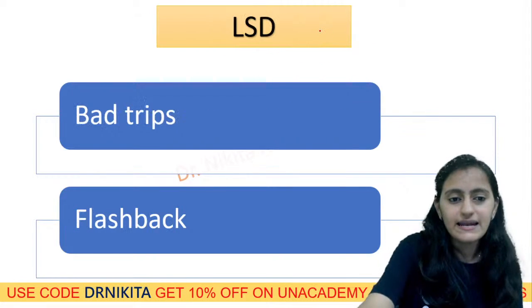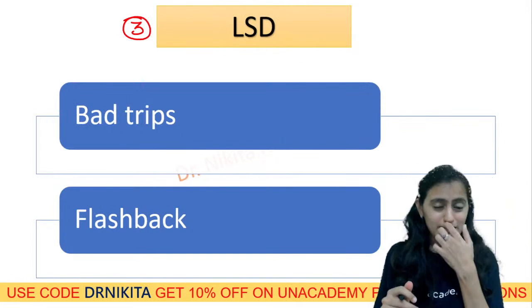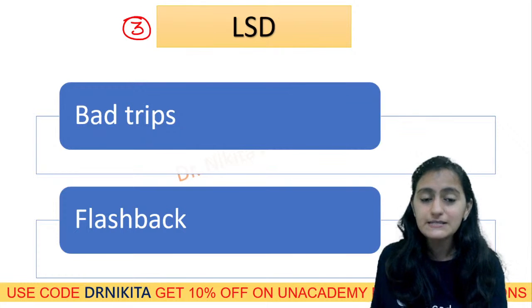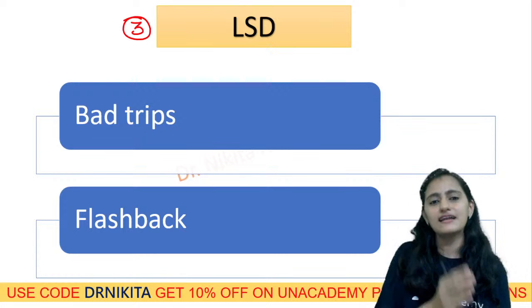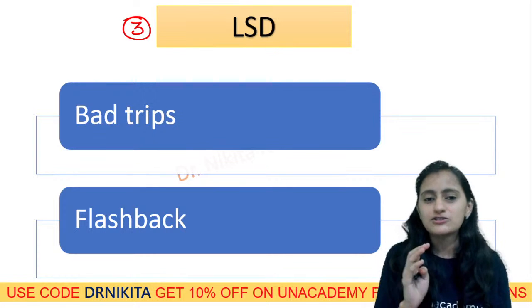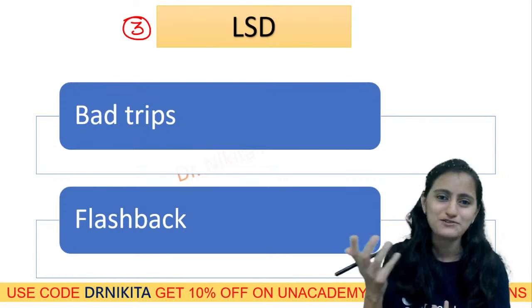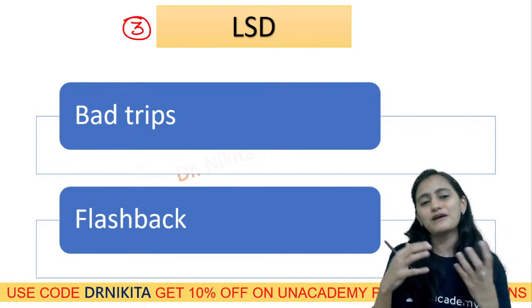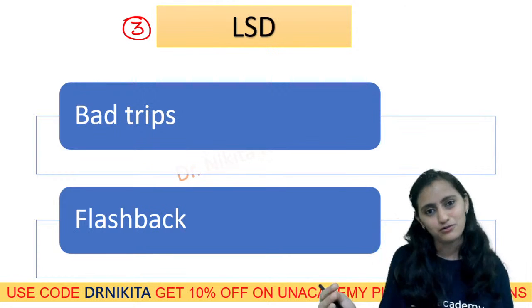Alright. Then next is your LSD. Okay? LSD. What are the mnemonics for LSD that we have seen? LSD, remember it as love, sex, dhoka. So suppose there's a person who has been to a trip, let's say to Bangkok, and the patient had a bad experience in Bangkok, love, sex, and then dhoka happened.